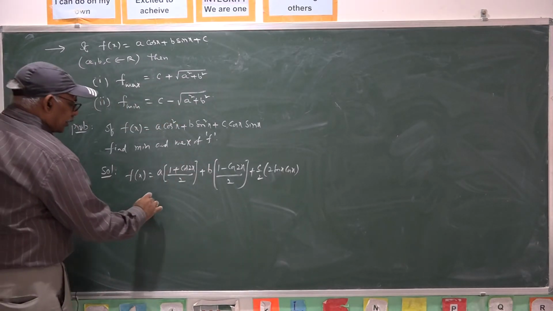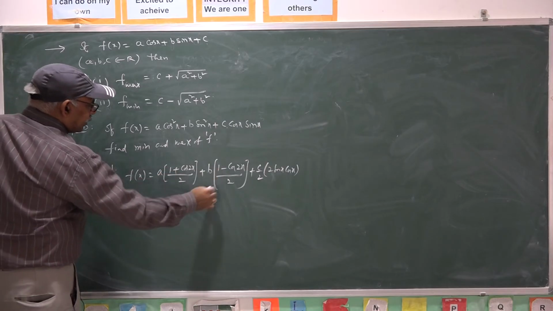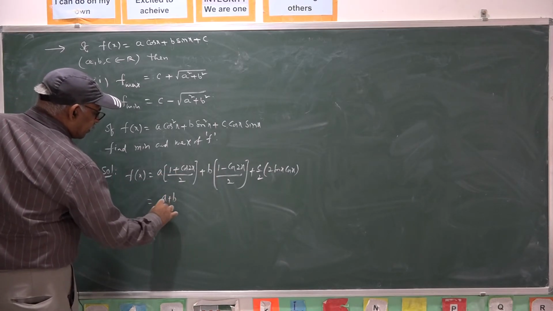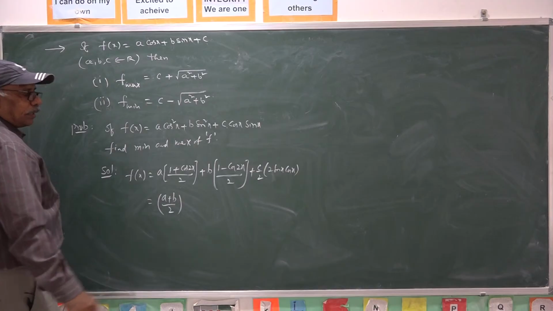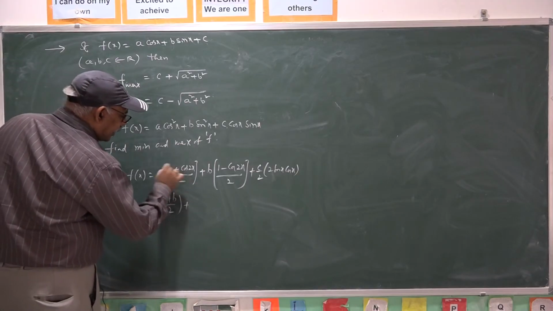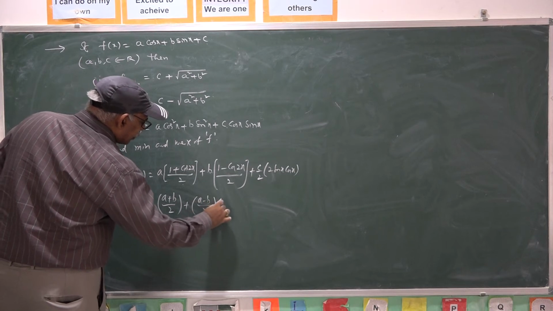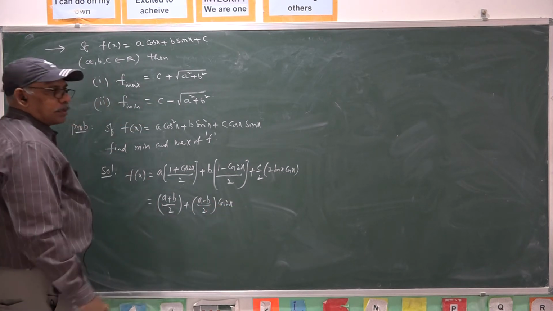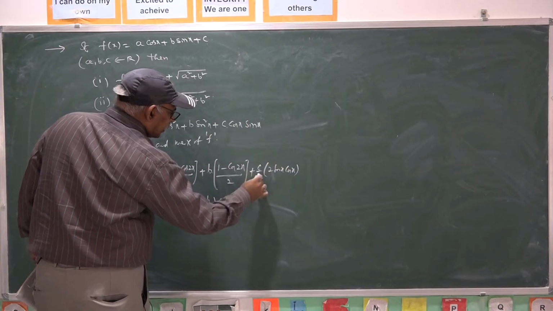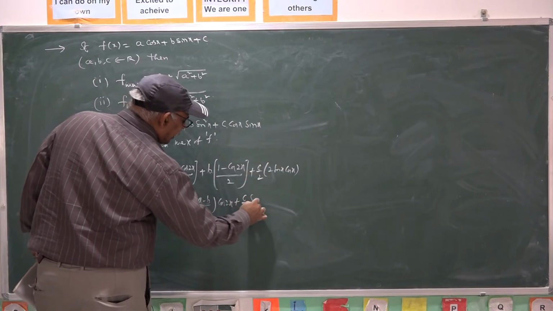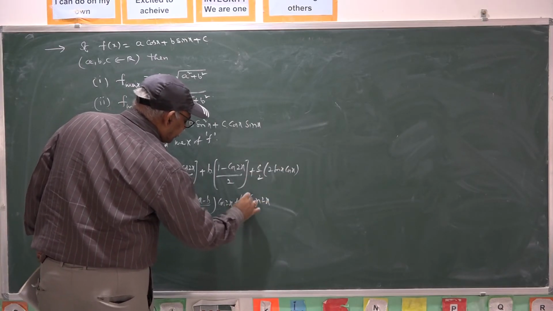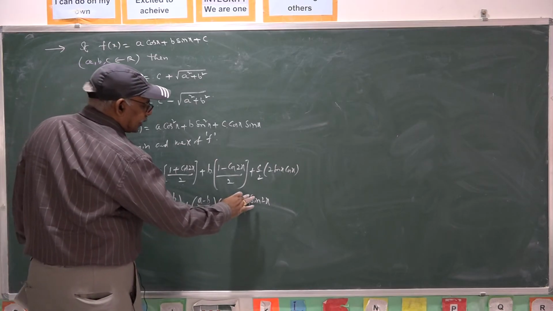So collecting constants here, this is A by 2 plus B by 2, (A plus B) by 2 constants. Collecting cos 2x terms, (A by 2 minus B by 2), (A minus B) by 2 into cos 2x, plus this is C by 2 into sin 2x itself.